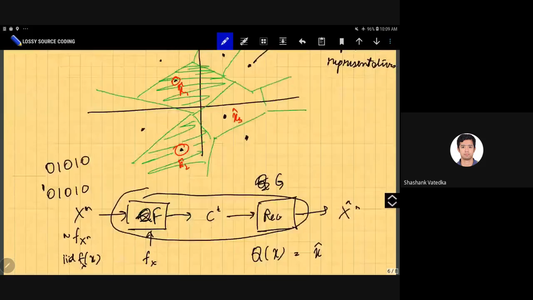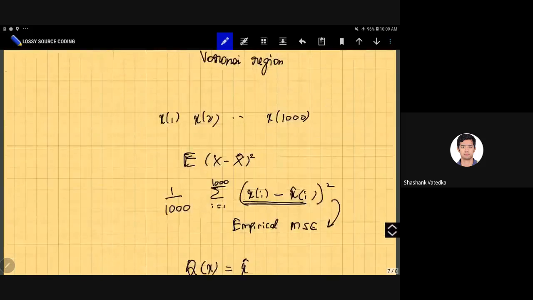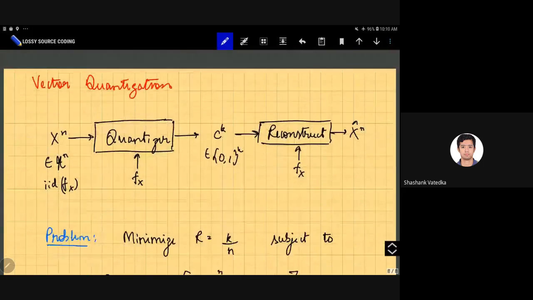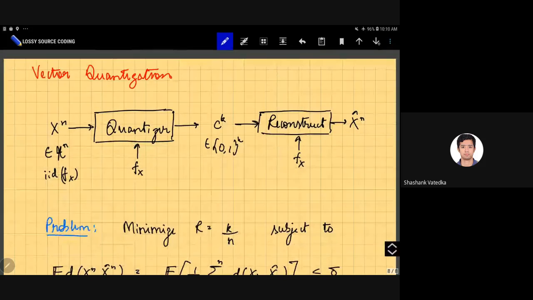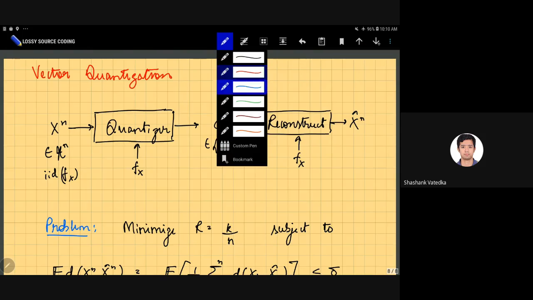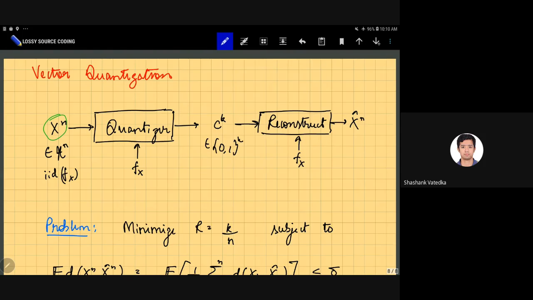Okay, so the vector quantization problem is the following. Now, instead of doing symbol-wise lossy compression, we're trying to do block-wise lossy compression. So we're given a sequence of length n, let's call it x^n. We'll assume that x^n is IID distributed according to some PMF p_X or according to some density f_X.